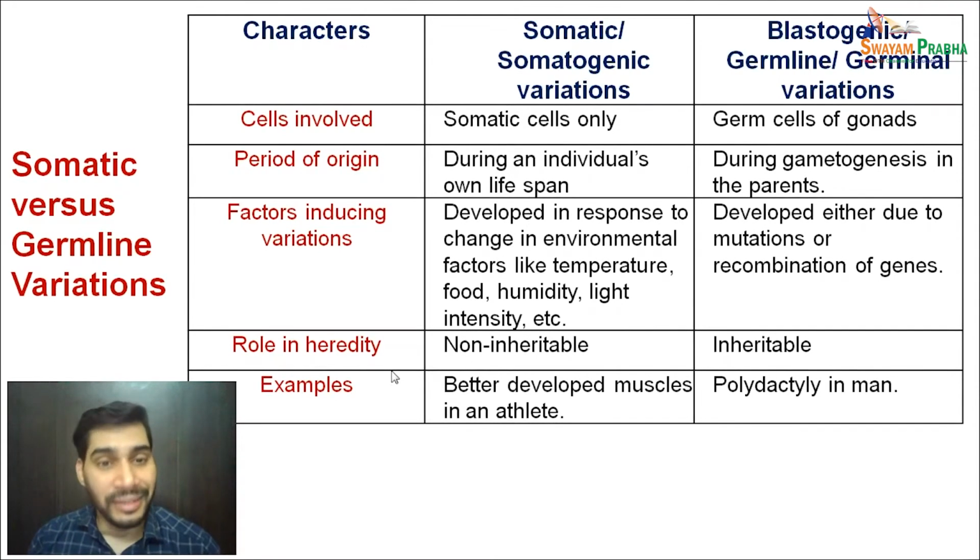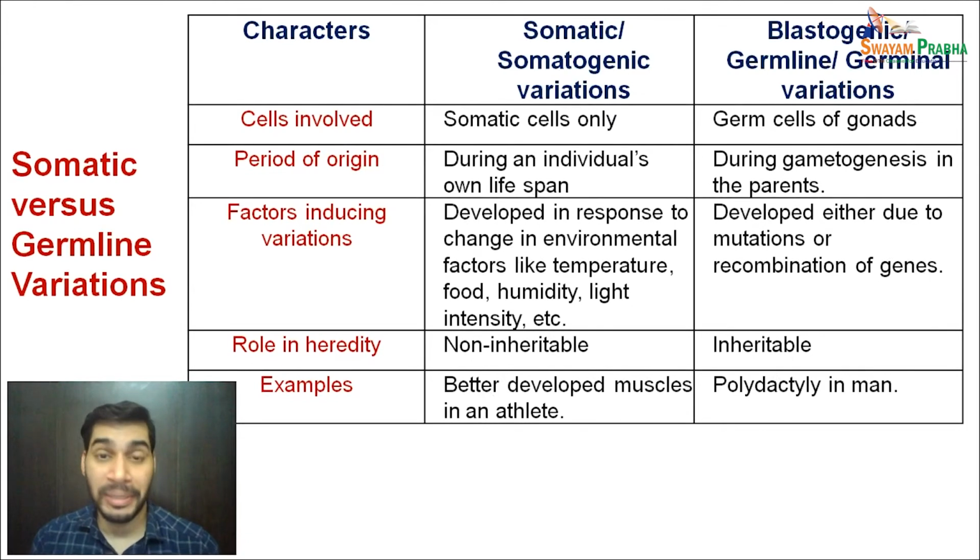In terms of role in heredity, somatic variations are non-inheritable. They are not passed on to the next generation. Whereas germinal variations are passed on to the next generation and hence they are inheritable. An example may be better developed muscles in an athlete, which have been acquired in one's own lifetime.